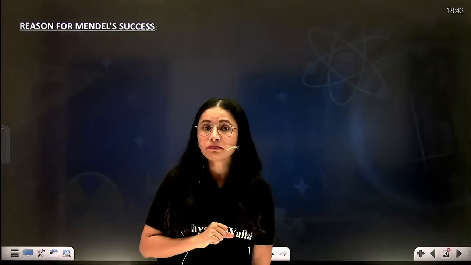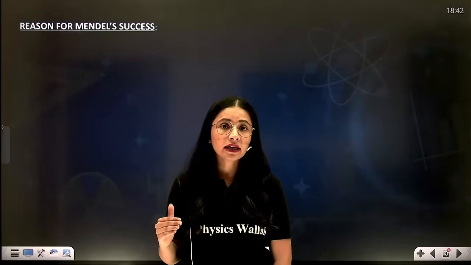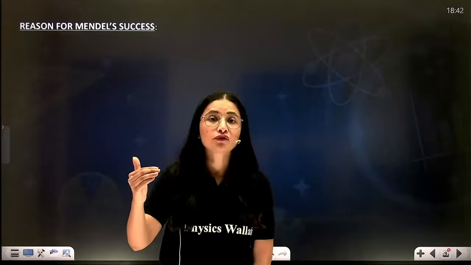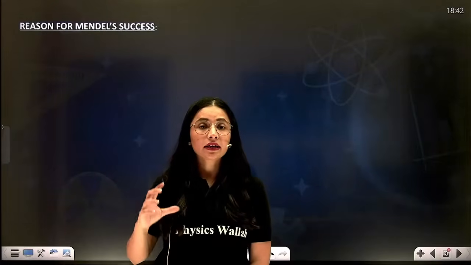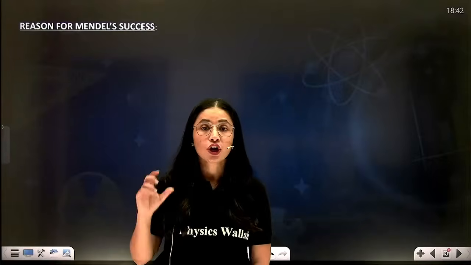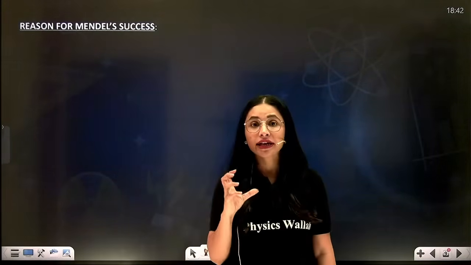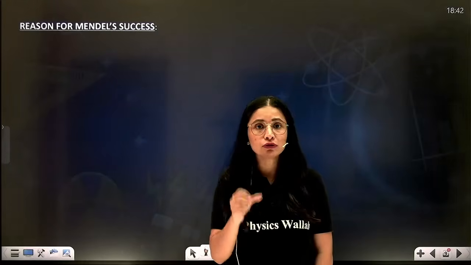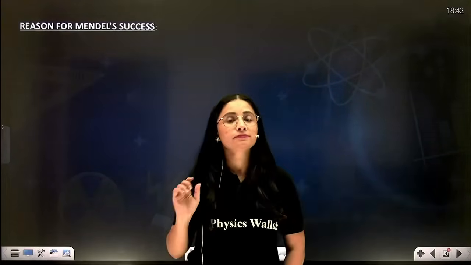Apart from choosing pea plant, the second good reason why Mendel got success, beta, is that Mendel's thinking was way ahead of his generation. Mendel could actually realize that he should use the concept of maths and statistics to solve the pattern of inheritance. He used mathematical tools, statistical tools to solve the genetic problems.